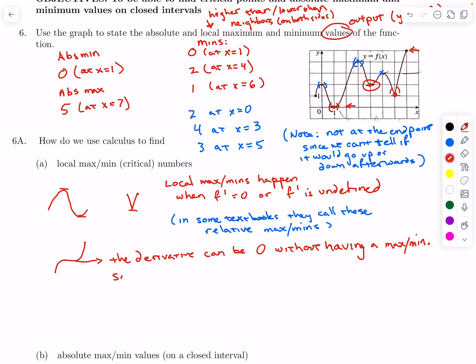So instead of calling them maxes and mins, we call them critical points or critical numbers instead.